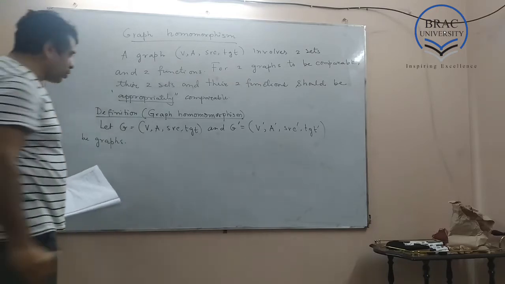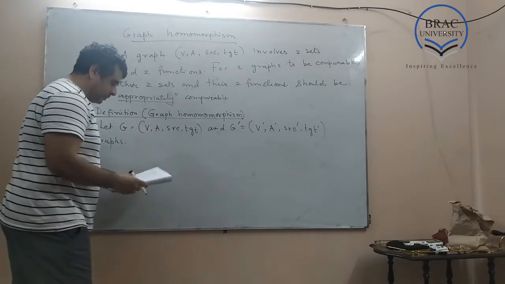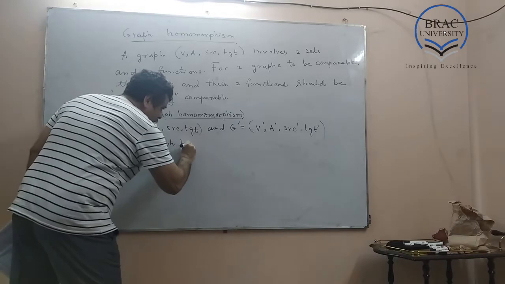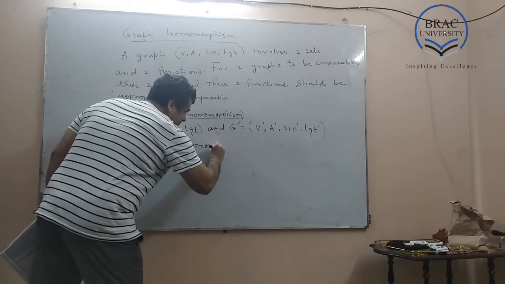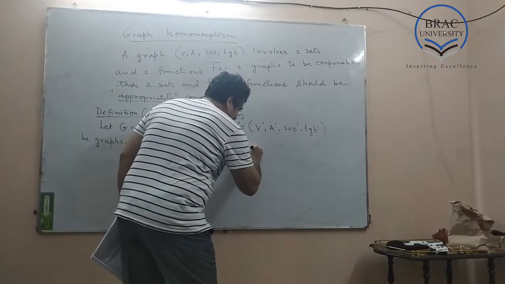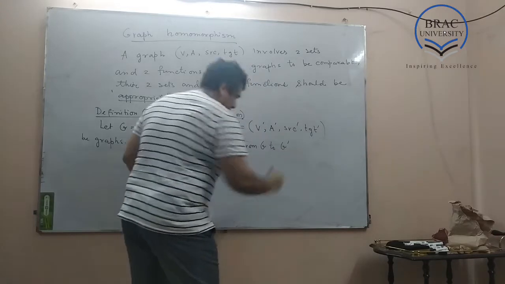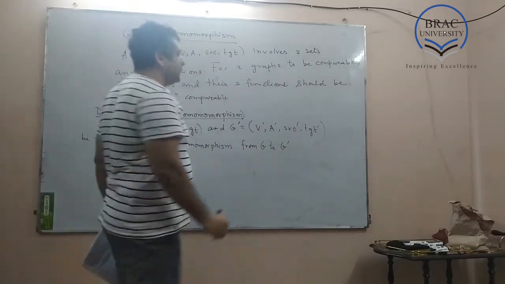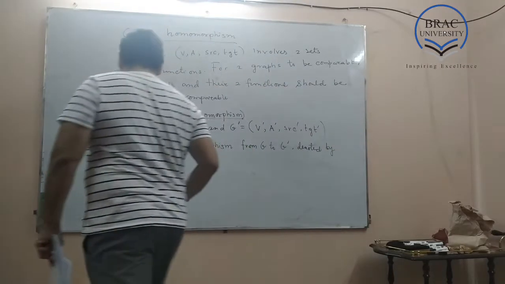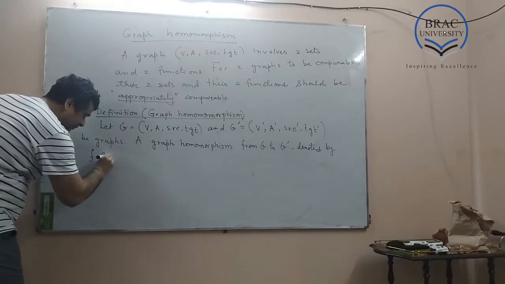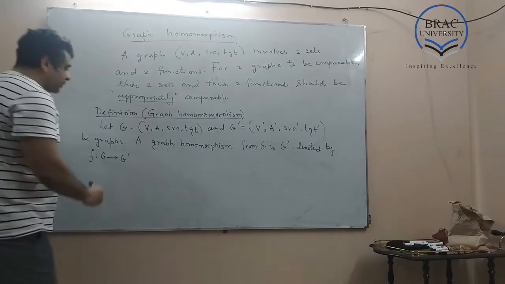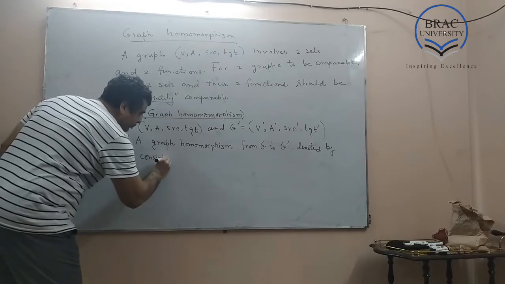Okay, a graph homomorphism from G to G prime, denoted by f from G to G prime, consists of two functions.